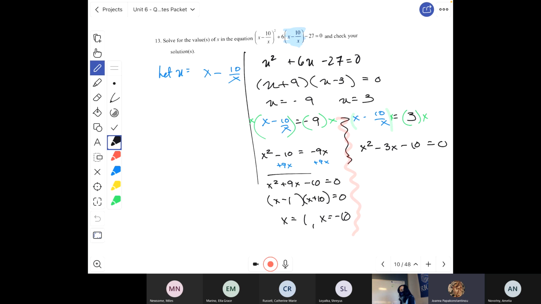Does everybody see how to get that? I did a couple steps at once there, but stop me if it doesn't make sense. Okay, factor that. And what are my two factors? Beautiful. So that gives me x equals 5 and x equals -2. There's my solution set.